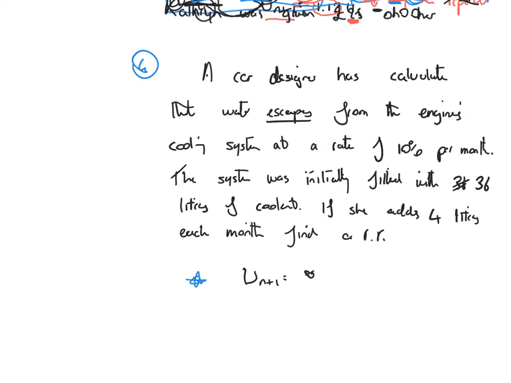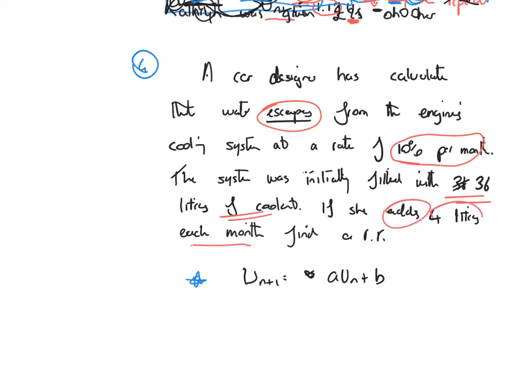Un+1 equals A Un plus B. Okay, two things in the question that repeat. Every month 10% of the coolant escapes, so it diminishes by 10%. The system was initially filled with 36 litres. Does that happen again? Nope, so it doesn't repeat. What's the second thing that repeats? Each month she adds 4 litres.